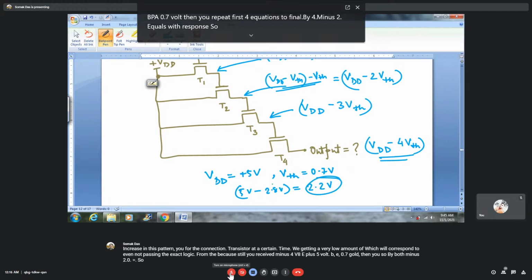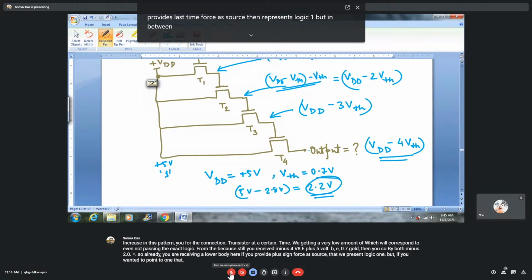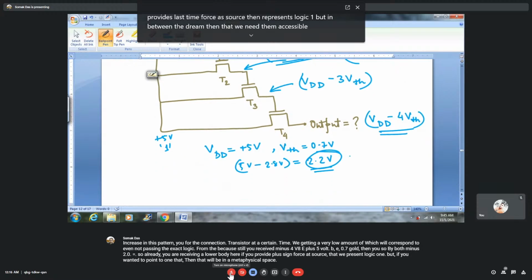So already you are receiving a lower logic. So here if you provide plus 5 volts as source, then that represents logic 1. But if you receive 2.2 volts at the drain, then that will be in a metastable state. It is neither 0 nor 1. This is a metastable state. The logic will be neither 0 nor 1.